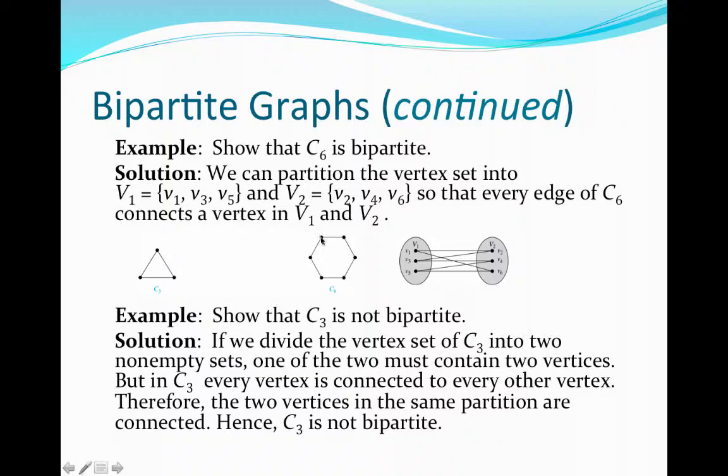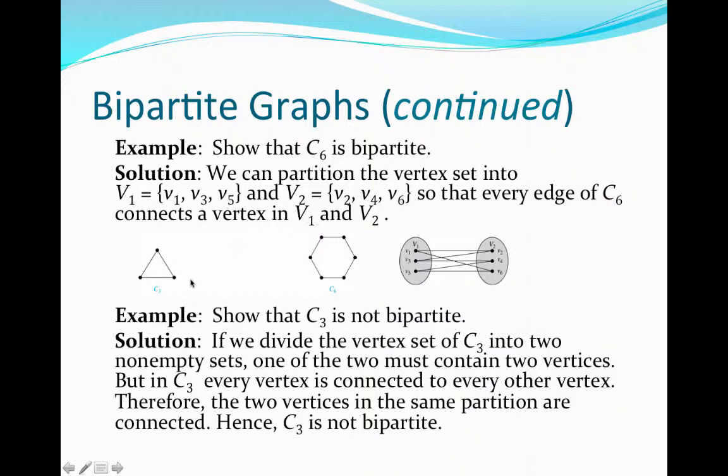So if we start here and this one is red, then this one can also be red and this one can also be red since they're not connected by any edges, and then the corresponding ones, this one and this one, can be blue, and then we see that we have edges joining vertices on this side with vertices on this side, but no edges connecting these ones to these ones. So this is a representation of this same graph, but in a way that makes it look bipartite.